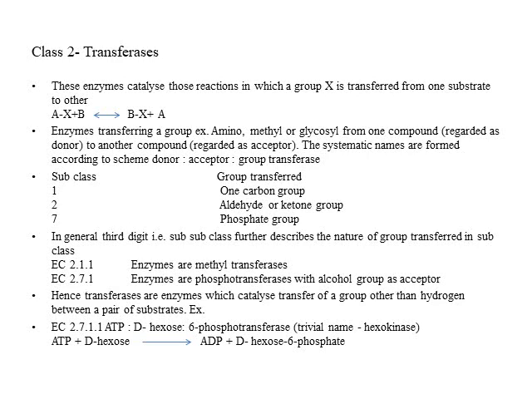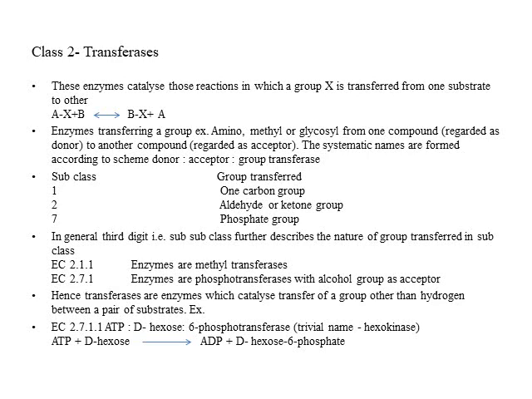Another example is EC 2.7.1. These enzymes are phosphotransferases with an alcohol group as acceptor. Here the phosphate group cannot be further described, therefore the acceptor is mentioned in the sub-subclass. Hence transferases are enzymes which catalyze the transfer of a group other than hydrogen between a pair of substrates.